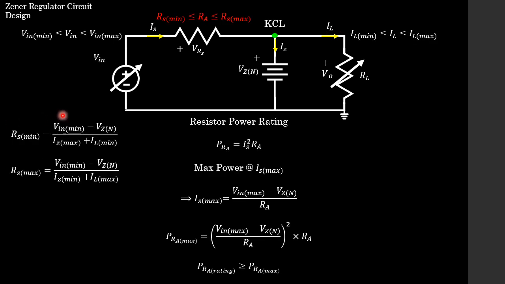After establishing these two magnitude expressions for Rs, another thing that we need to take into consideration, students, is the resistor power rating. So let's say we put a resistor in place of Rs, and this resistor that we've put here is called Ra. Okay, don't get confused with Ra, Rs.